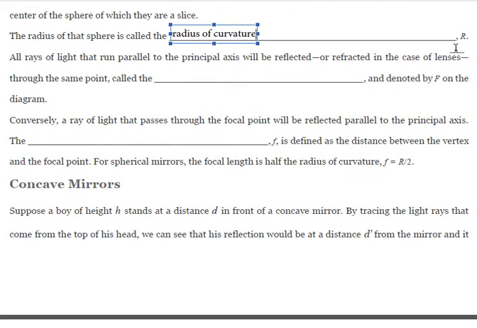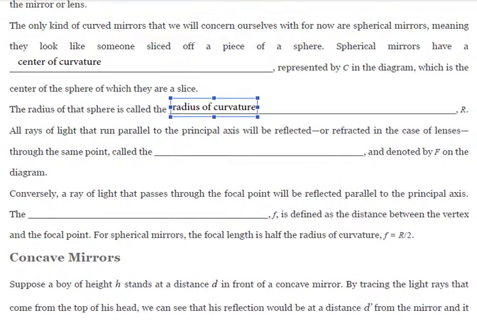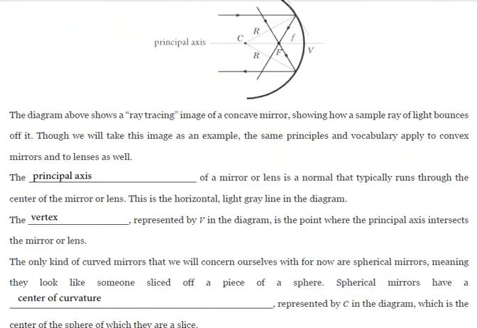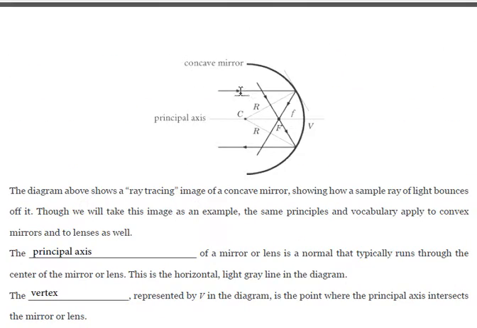We said the whole purpose of using curved mirrors and lenses was to focus these light rays into a certain point. If you look at this diagram, we have two different light rays, one that comes in here and gets reflected off. You can see very faintly the tangent line drawn there.